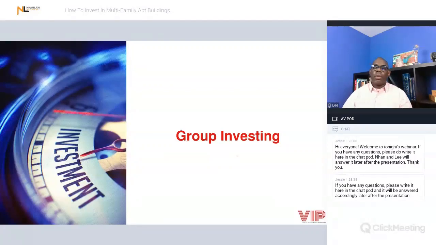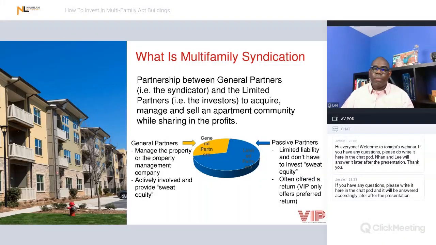So they have to get creative, and they create something called a group investment, right? And a group investment is what I call a multifamily syndication. There are 2 sides to the multifamily syndication: the GPs or general partners, and the LPs or limited partners.